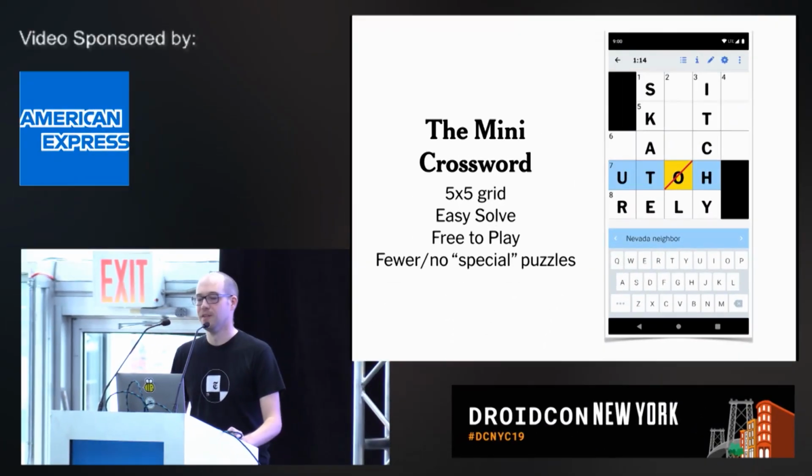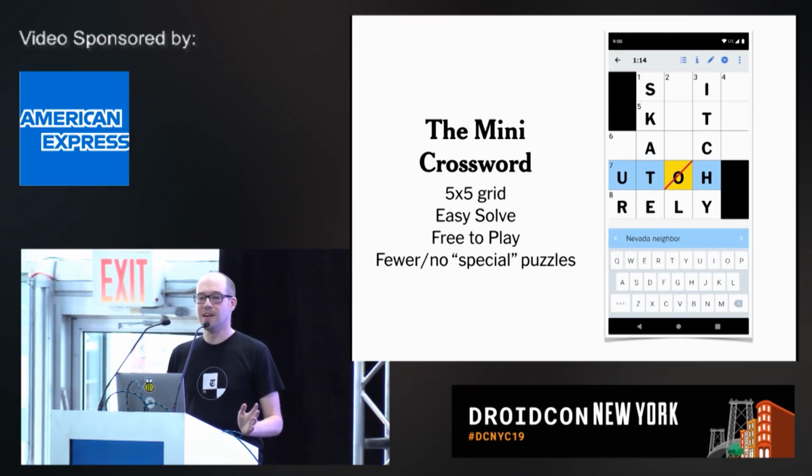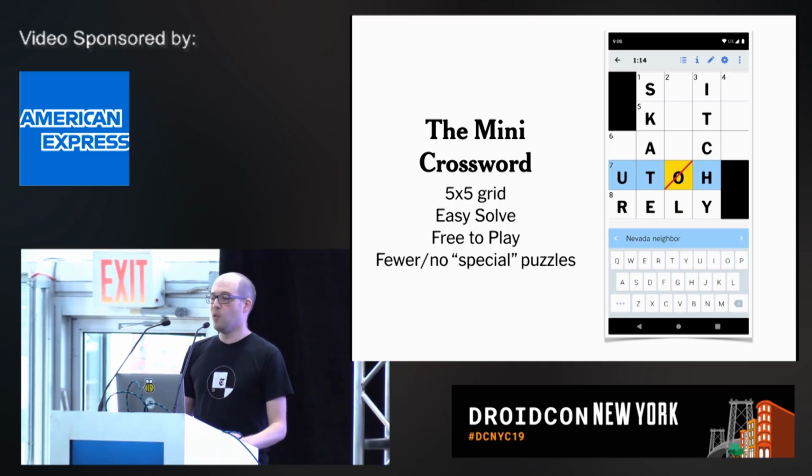So the mini crossword, if you're not familiar with it, it's a 5x5 grid. It's free to play every day. It's fun. It's generally pretty easy to solve. But also, it really lends itself to this prototype, not just for the fact that it's small, but we have fewer of the weird or special or clever puzzles that we often have in the daily puzzles.